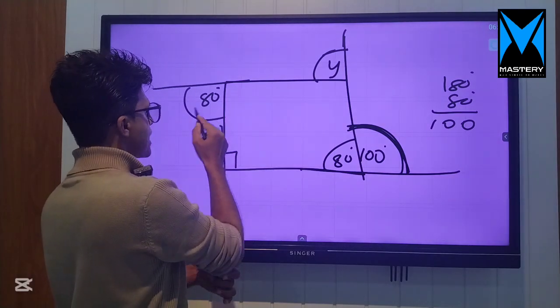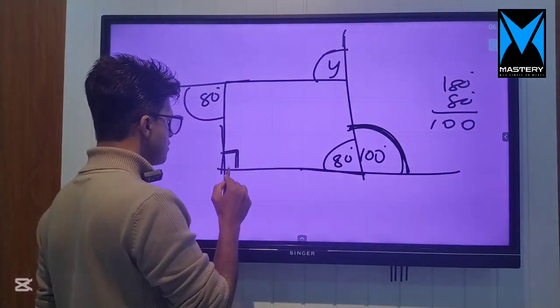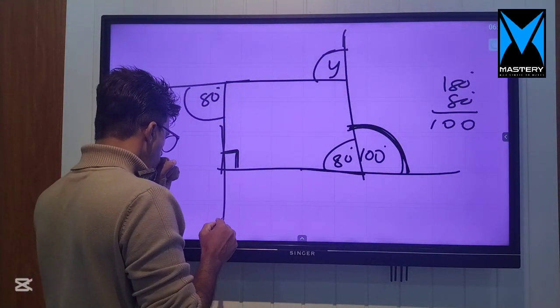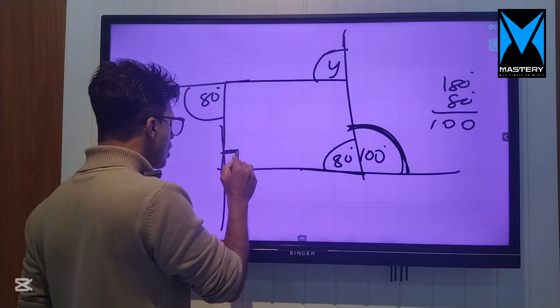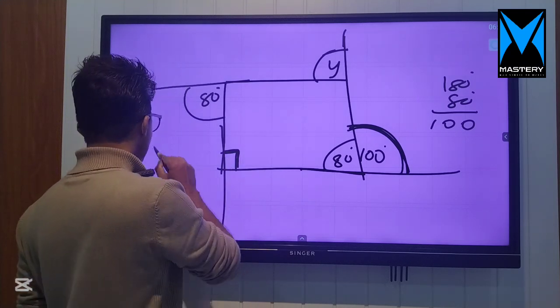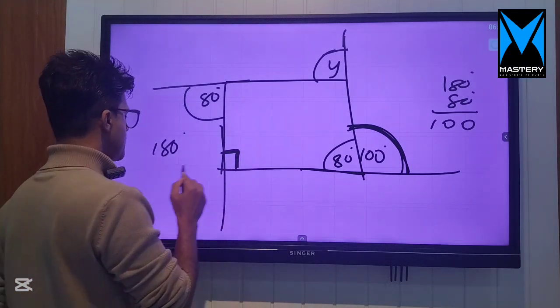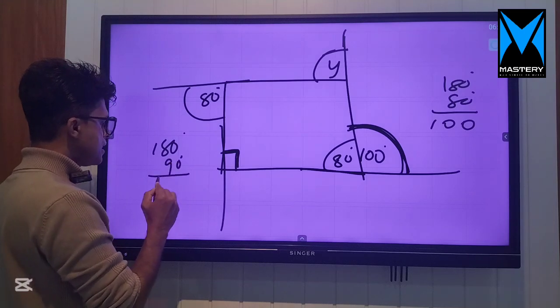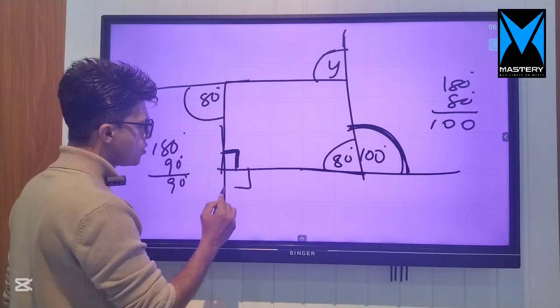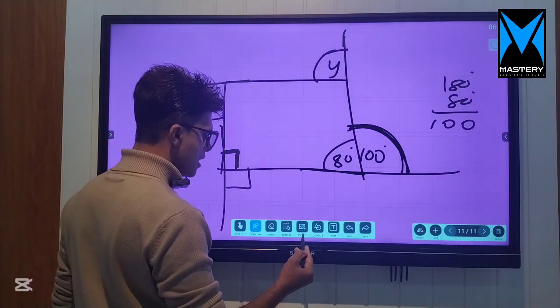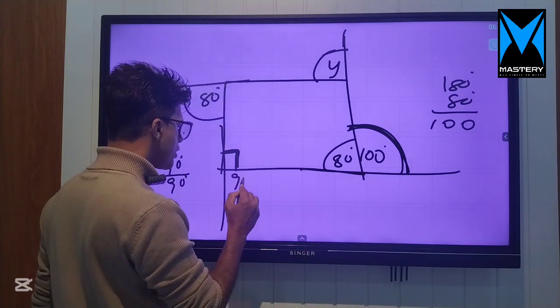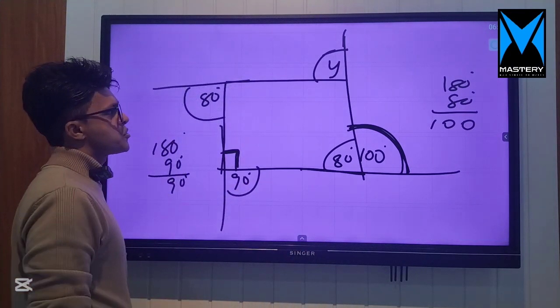Then it has given this exterior angle. It hasn't given this exterior angle, sorry. So we are able to get this angle as well. Then this is 90 degrees and 180 minus 90 is 90. So this angle also is 90 degrees. Now we are able to set up an equation here.